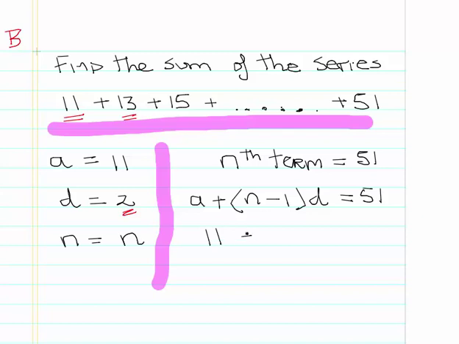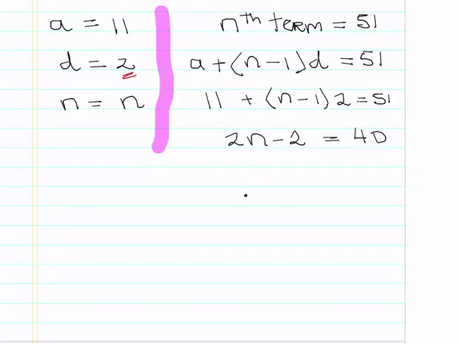A is 11, plus n minus 1 times 2 is equal to 51. So 2n minus 2 is equal to 40, subtracting 11 from both sides. You can see quite clearly that n must equal 21. It's the 21st term, so n is equal to 21.